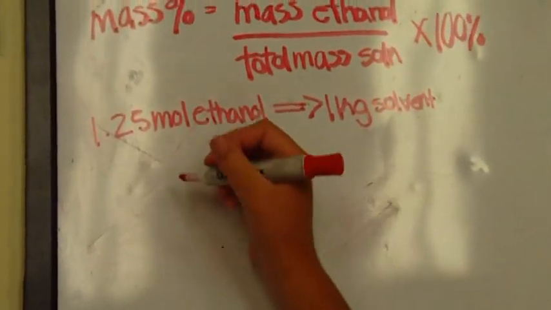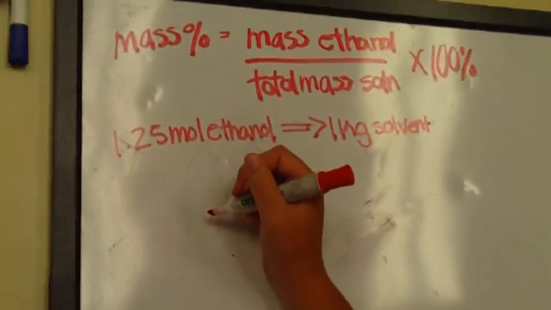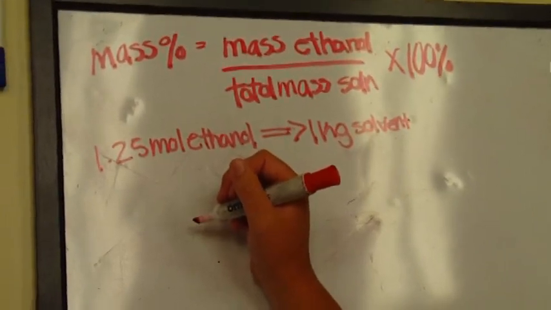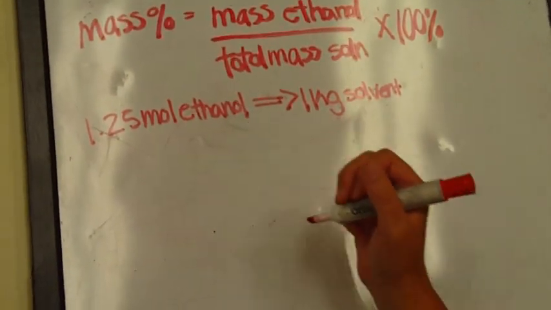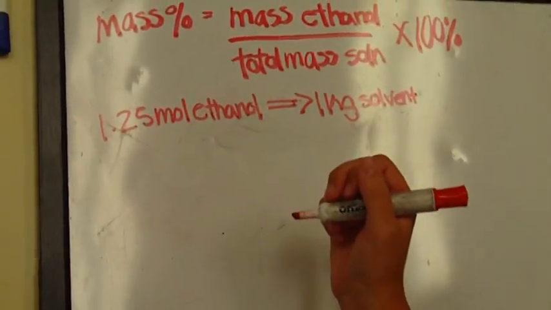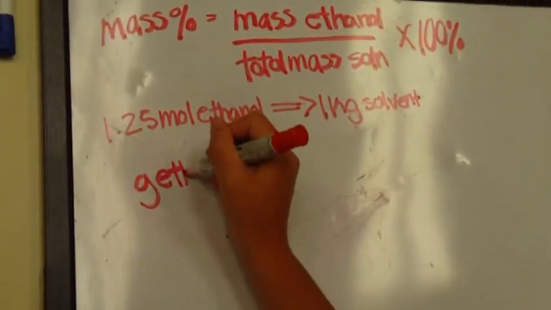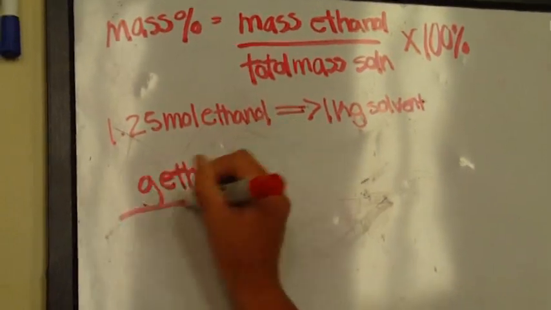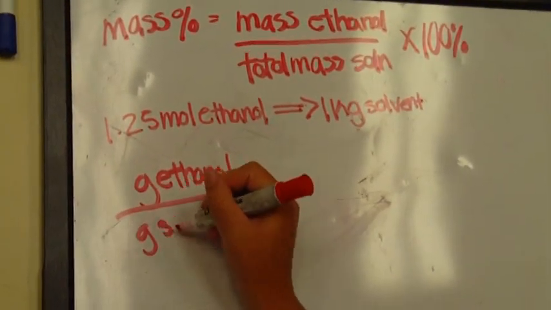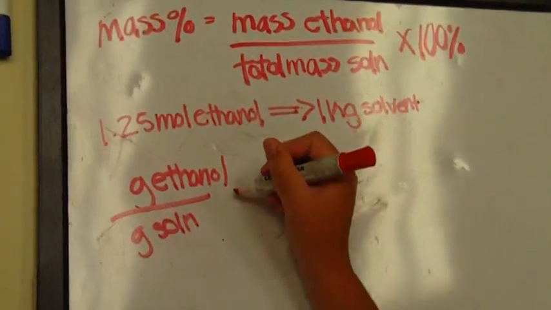All right, so let's just figure out how many grams of ethanol we have per grams of solution.